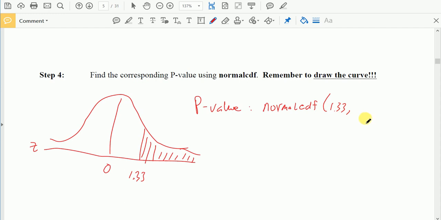The second one is all the way to the right, so I use 10 to the power of 99, right? It's an extremely large number to the right. And if you do that correctly, you should get 0.0918. And this one is, in fact, bigger than the 0.05 or the alpha. So because this one is bigger, we do not reject.